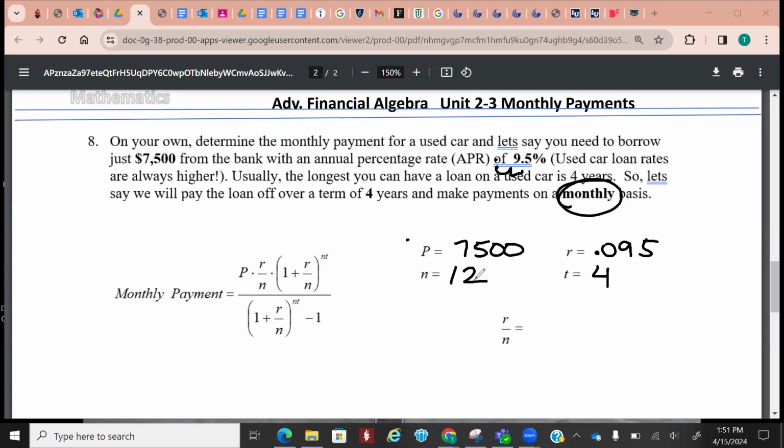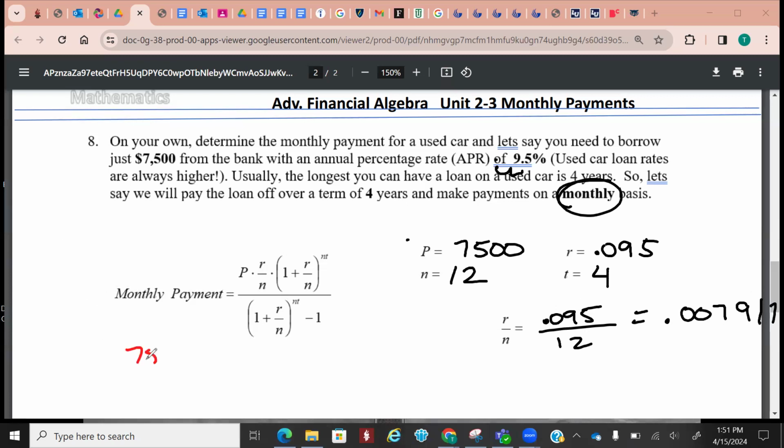There's 12. Now we're going to take R and divide it by the number of months. So 0.095 divided by 12 is going to give us 0.007917.